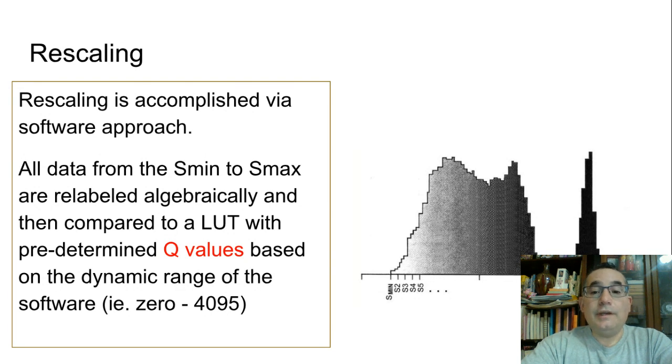For each bucket of pixels at a certain brightness level, we're going to compare that to the numbers in the lookup table, which are known as Q values. So our relabeled S numbers are then compared to Q values. And of course, this is based overall on the dynamic range of the software.